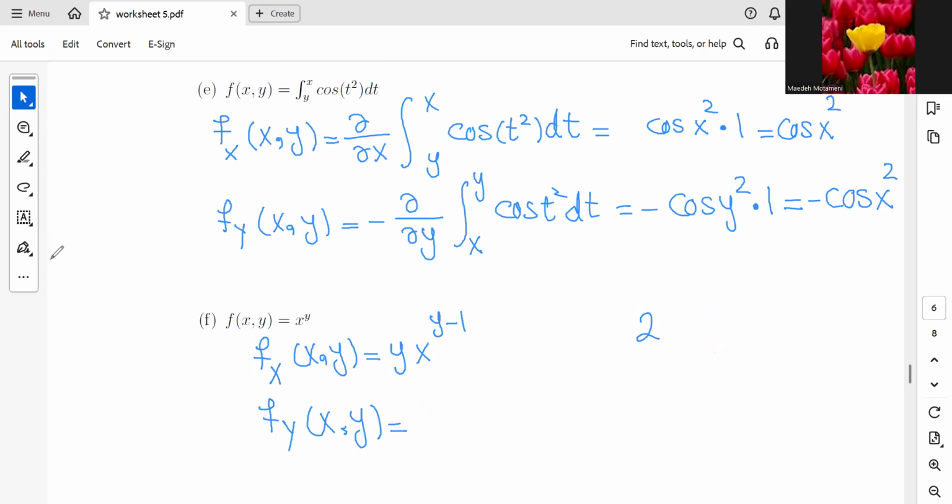So based on the laws of derivative of exponential functions, that would be x to the power y ln of x. In general, if it is a to the power x, where a is a number, and we're finding the derivative, that would be a copy of this times ln of the base.